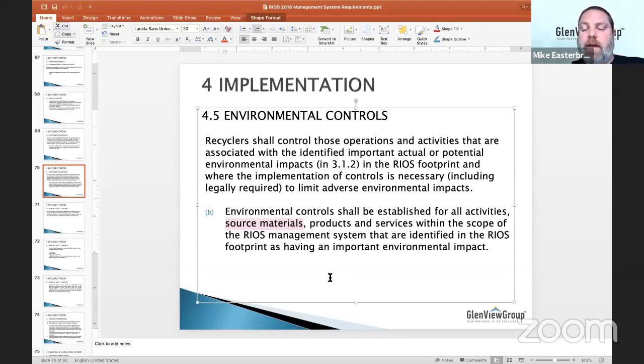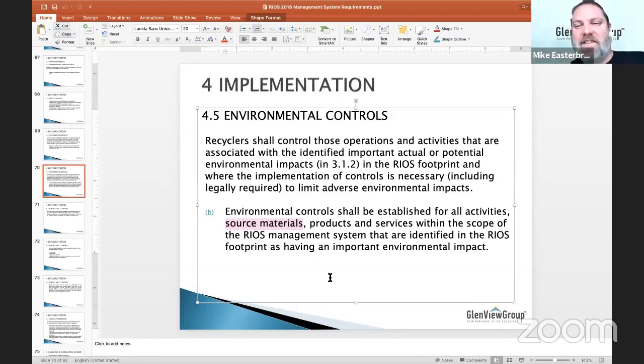But the material coming in, if it's contaminated, or for instance, metal that you get that's coming from a milling machine might have oils on it that may be leaking out. So you need to consider what are the source controls that I have in place when I'm receiving this material to ensure that the oil is put into a container that is not going to leak throughout the yard and cause an impact to stormwater.